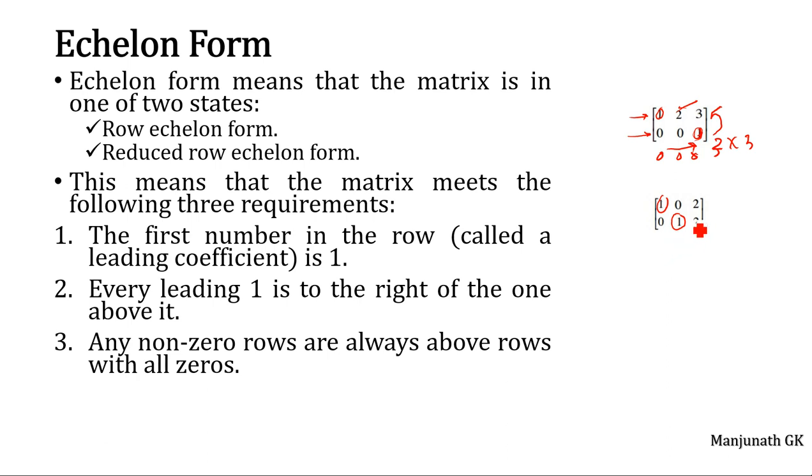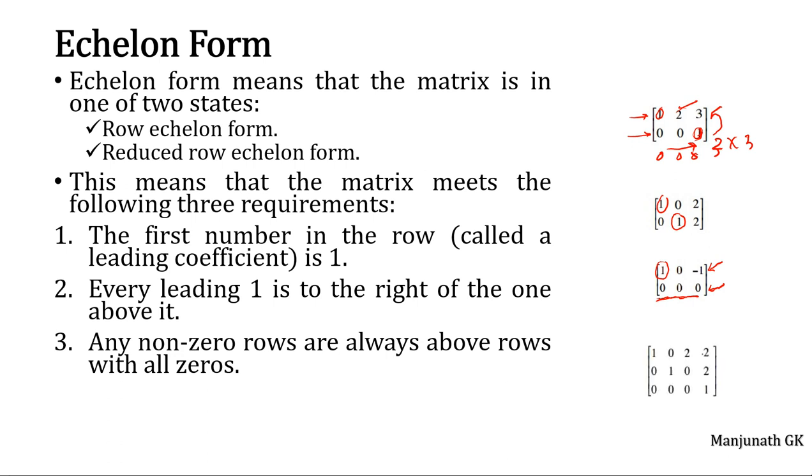That is not applicable here, so we don't have any problem. Then consider the third example. The leading coefficient should be 1, and at the end it has zeros. We can call this a non-zero row, and it should be above the zero row. That is the condition.